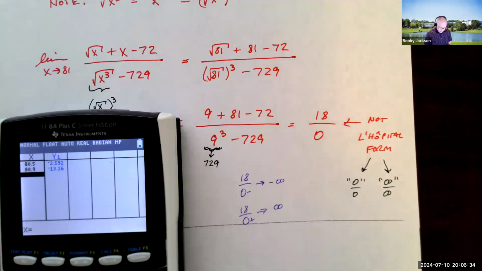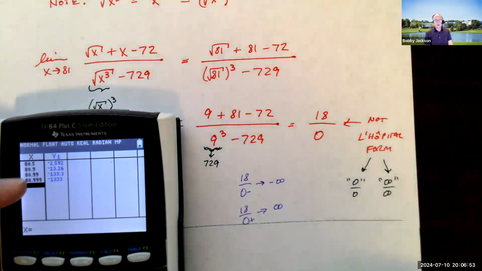Can I get closer? 80.99, sorry, I went too far earlier. Then 80.999. Now notice what's happening as we get close to 81 from below: these values are blowing up, but they're always negative.